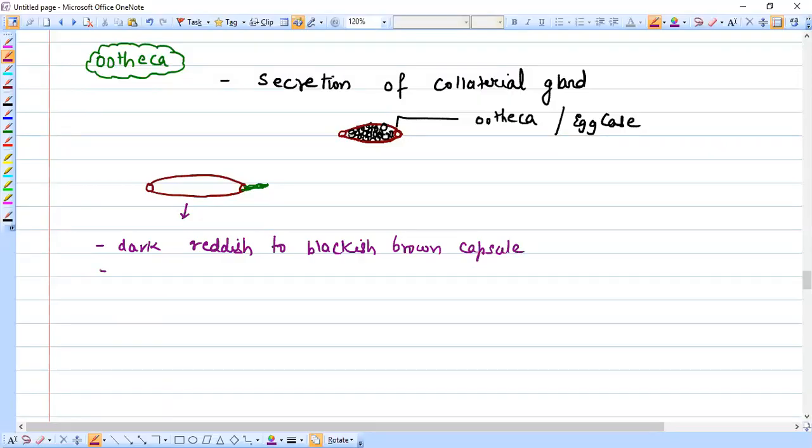How much is the length? You can say 8 millimeter long. And how many eggs are present? So we can say 14 to 16 eggs in each Uthika. All these Uthikas, where are they dropped? So if I take, for example, this to be the wall.